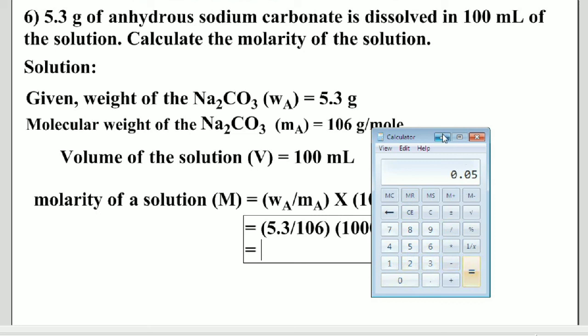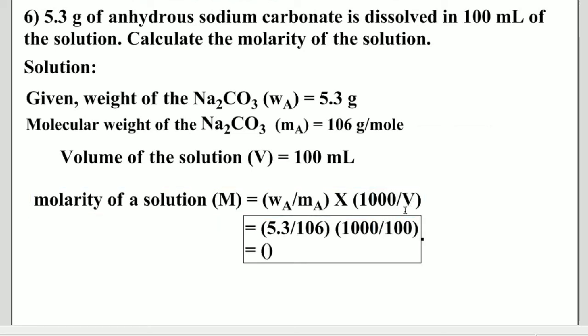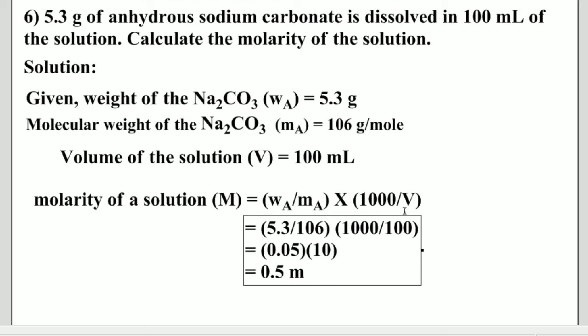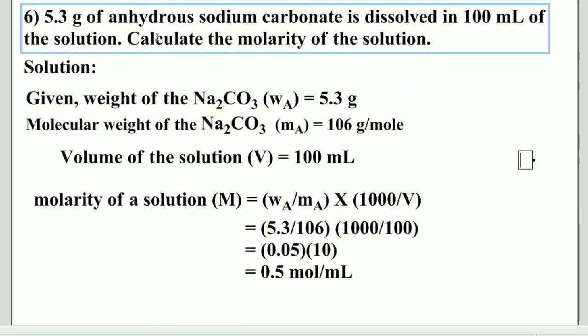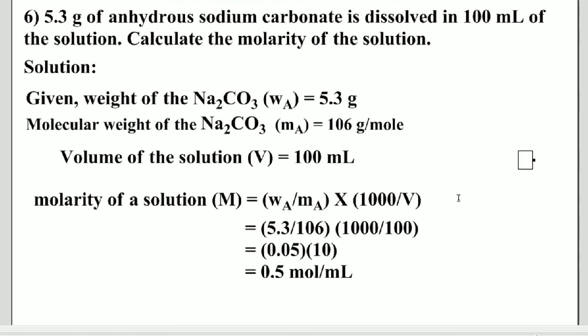It equals 0.05. Then 0.05 into 1000 by 100, which means 10, equals 0.5. 0.5 moles per ml is the molarity of the solution in which 5.3 grams of anhydrous sodium carbonate is dissolved in 100 ml.